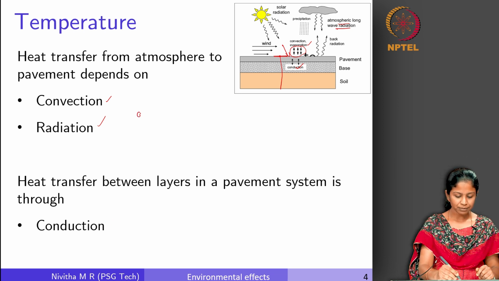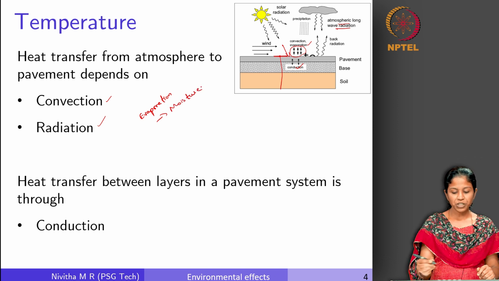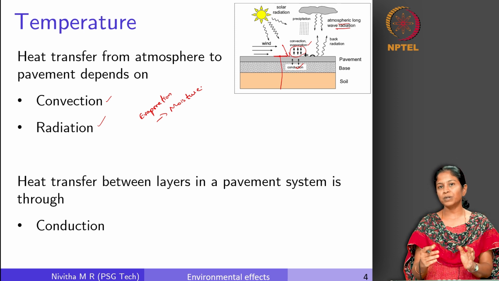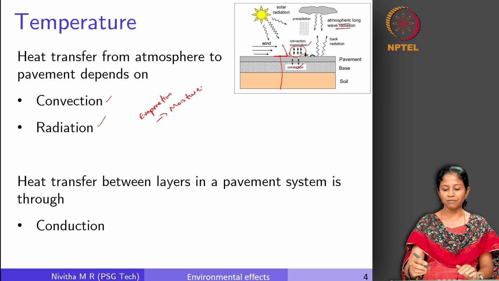We also have evaporation, which is mostly for the moisture aspect in the pavement. So, these are the factors which govern, or which help to quantify, the influence of environmental factors onto the pavement system.